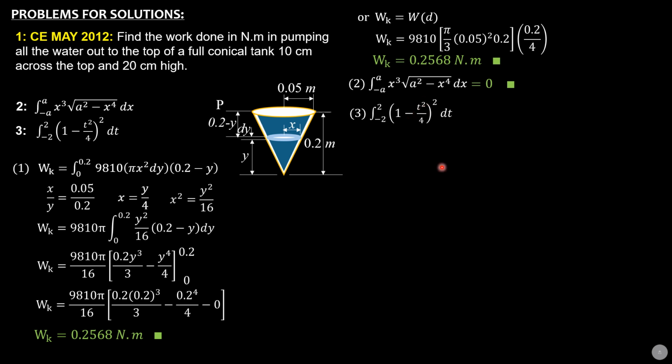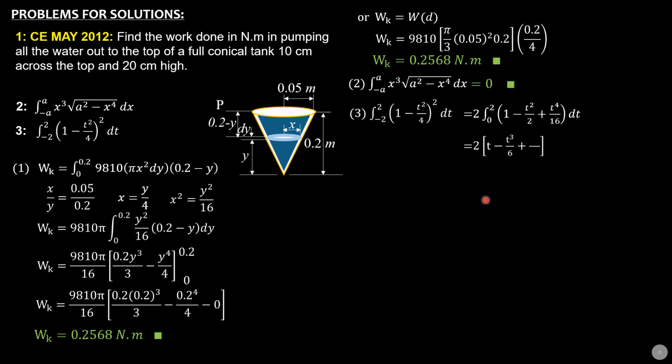So that would be 2 integral from 0 to 2 of quantity 1 minus t squared over 2 plus t to the fourth over 16, after expanding that binomial square. So this is 2 quantity t minus t cubed over 6 plus t to the 5 over 5 times 16, 80.